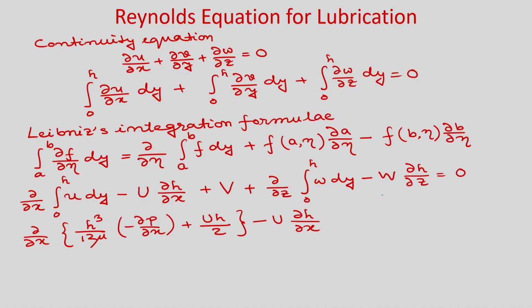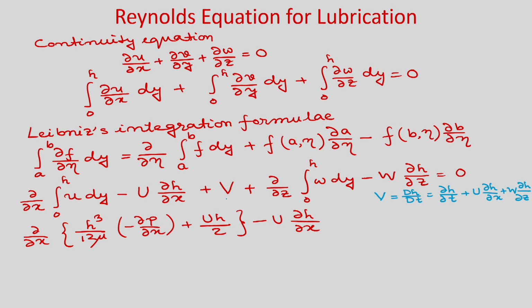We can write that as del h by del t plus the spatial change, so u del h by del x plus w del h by del z.